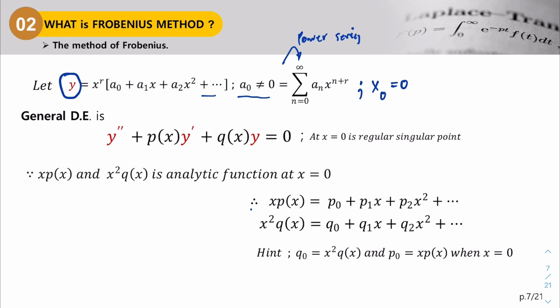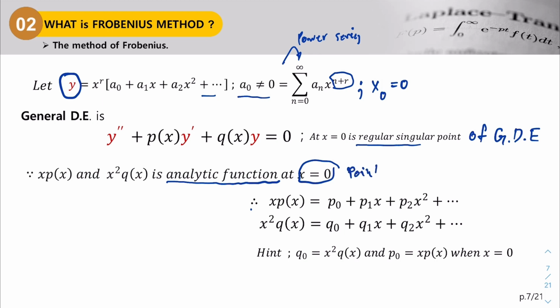The sum n equals 0 to infinity a_n x^(n+r). Okay, x equals 0 is a regular singular point of the GDE, the general differential equation, because x p(x) and x squared q(x) are analytic functions at x equals 0.